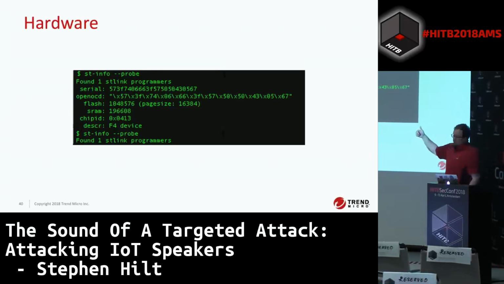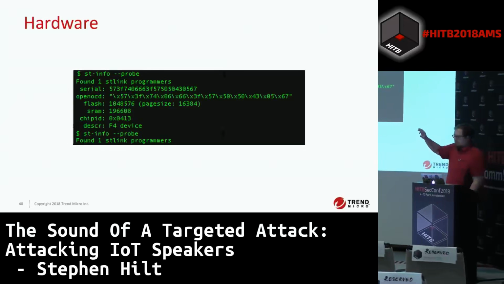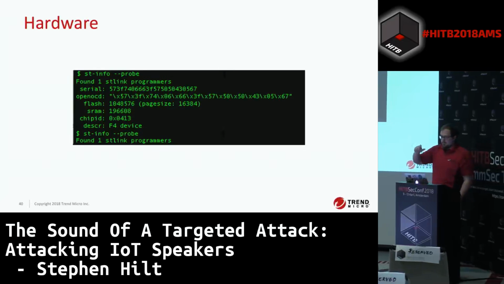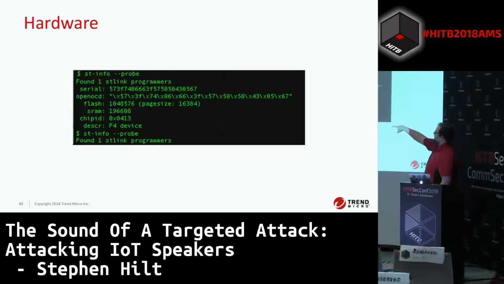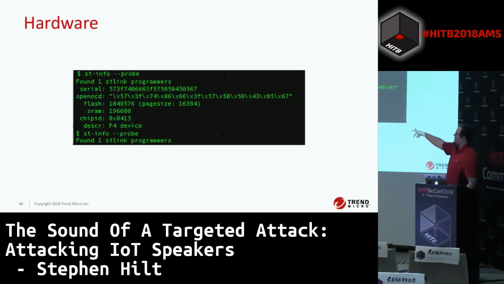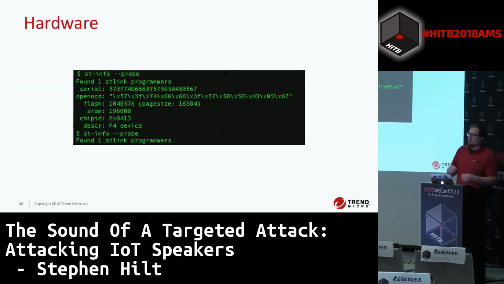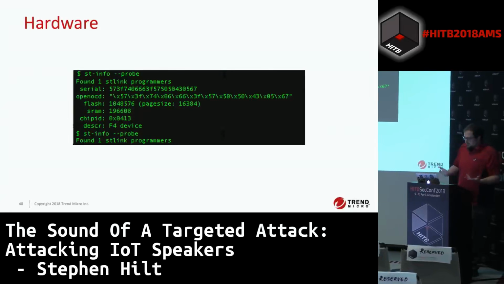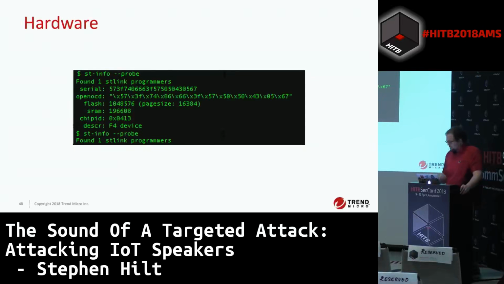Once I removed the CN3 jumpers, which makes it a Discovery board, it didn't ever find anything. No matter how I pinned it out, no matter what I tried, I could never get it to interpret it as SWD. So if anyone else has any ideas on that, let me know.